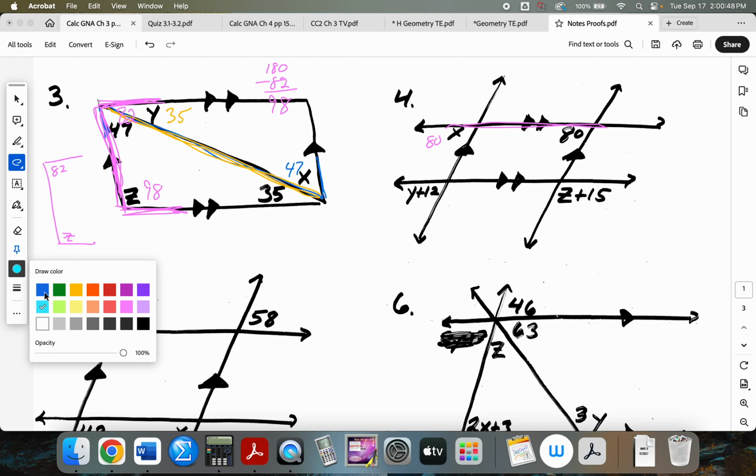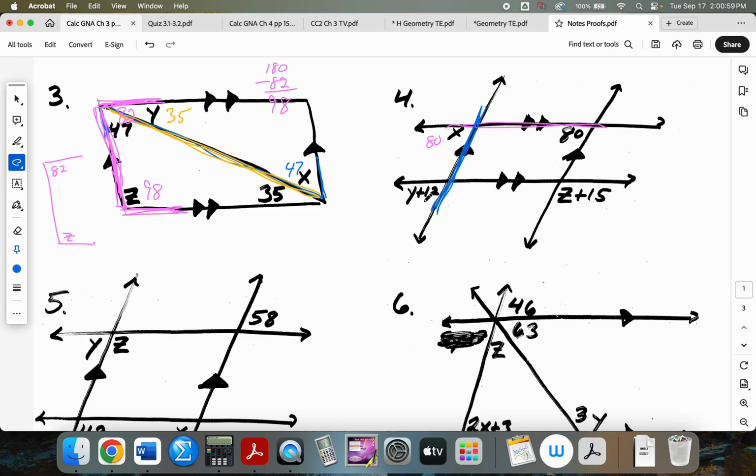Then when I'm trying to find y, that's actually pretty helpful because now I can go this way. And what kind of angles are the y plus 12 and the 80? Yeah, those are corresponding also. So what's true about those?